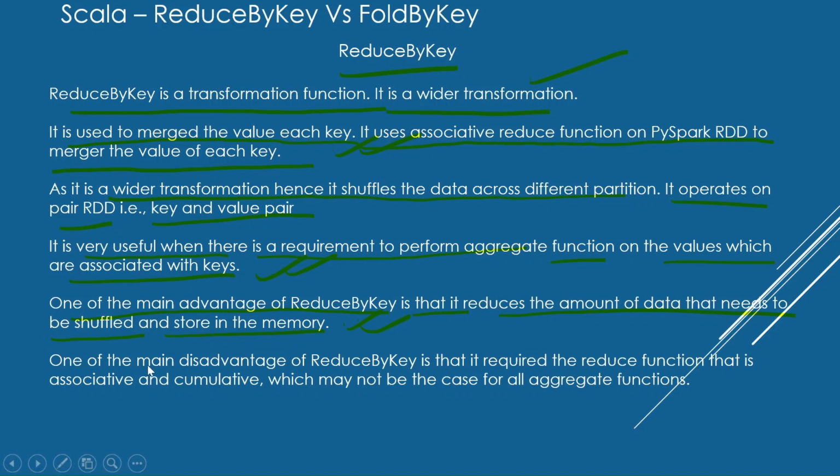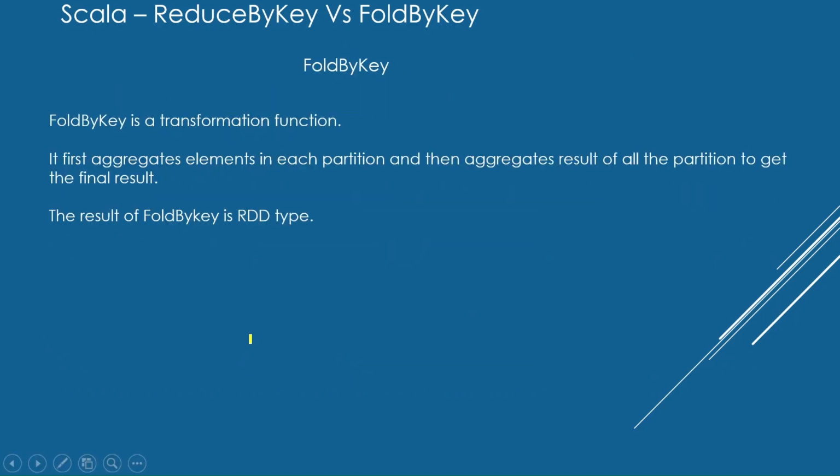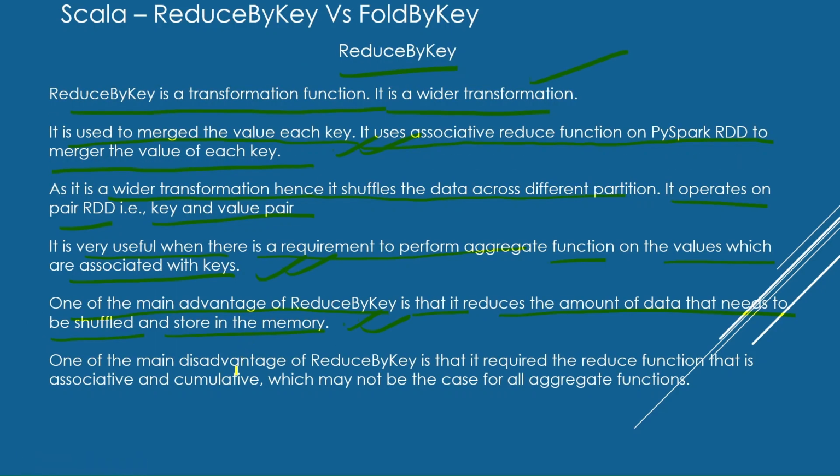One of the main disadvantages of reduceByKey is that it requires a reduction function that is associative and commutative, which may not be the case for all aggregate functions. We need to take care of this whenever we use reduceByKey.